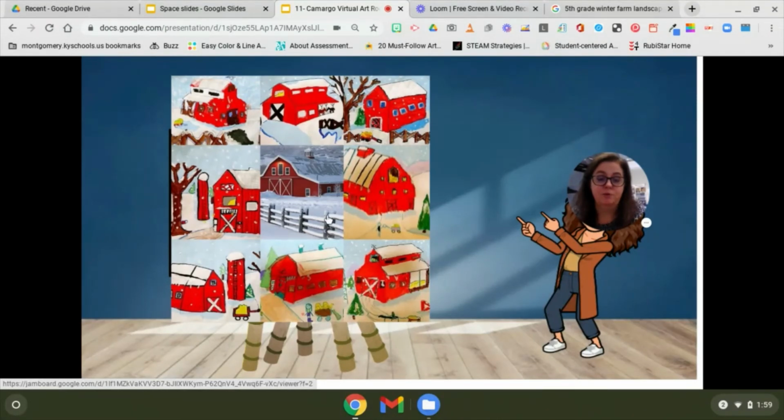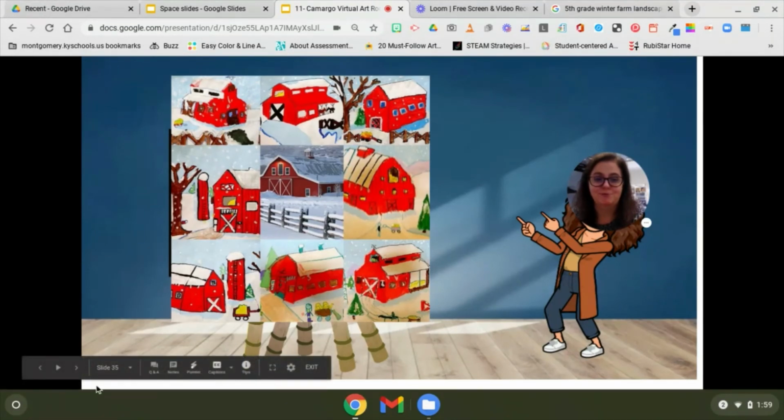So we're going to create a landscape that's kind of snowy and has a barn in it so that we can practice our skills of 1-point perspective. So I need you to get marker, pencil, if you don't have a marker, a black crayon. You're going to need a brown crayon because you see lots of brown in the trees here.